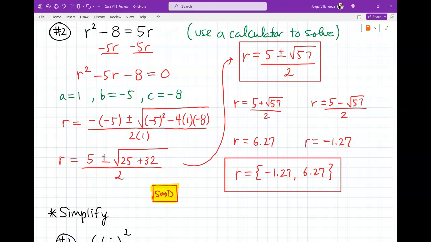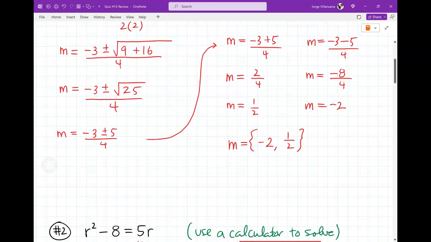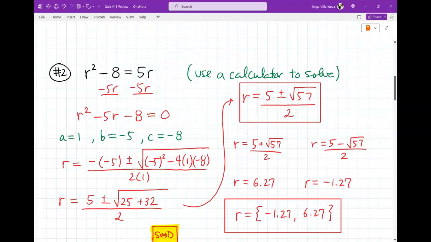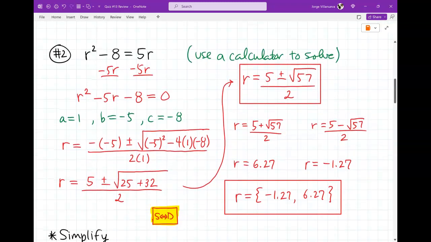So you guys are going to have questions like this to do on your quiz where you're plugging into the quadratic formula and solving. Sometimes you can just leave your answer as normal numbers like this one right here, okay, -2.5. Or maybe like the top box, it just says solve, but it doesn't say to use a calculator.